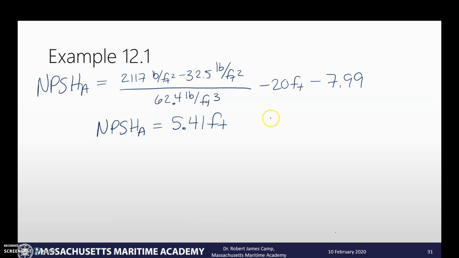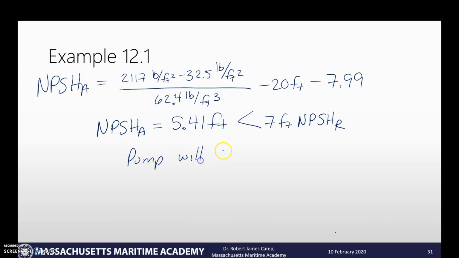Now, I have 7 feet of net positive suction head required. So my pump needs 7 feet of net positive suction head to operate without cavitating. I only have 5.4 feet available. What does this mean? Pump's going to cavitate.